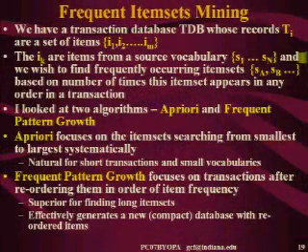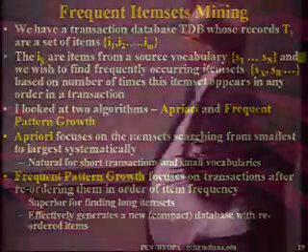All right, so now we have the next Intel problem, frequent item set mining. And here the problem is the following. You have a database with records. Each record is a vector of items. The items come from some source vocabulary.